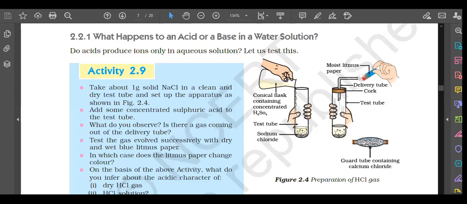It will be the same. If you put red litmus in water, it will be red only. If you put blue litmus in water, it will be blue only. Right, everyone? Very good.